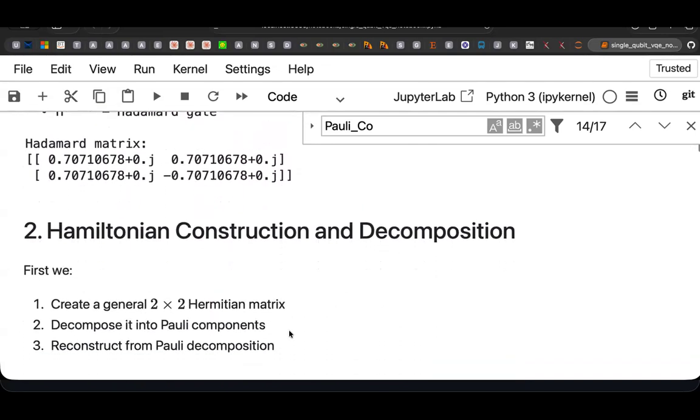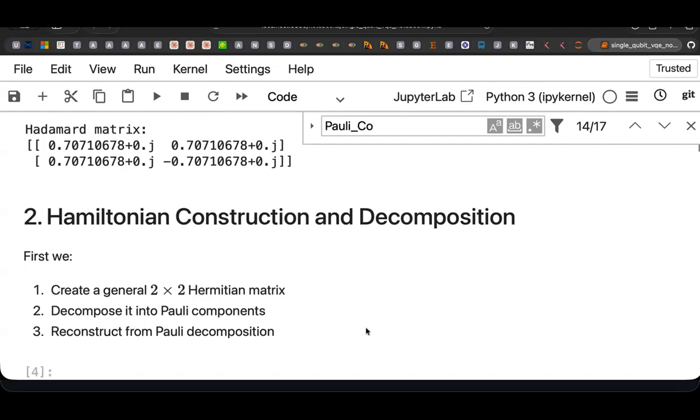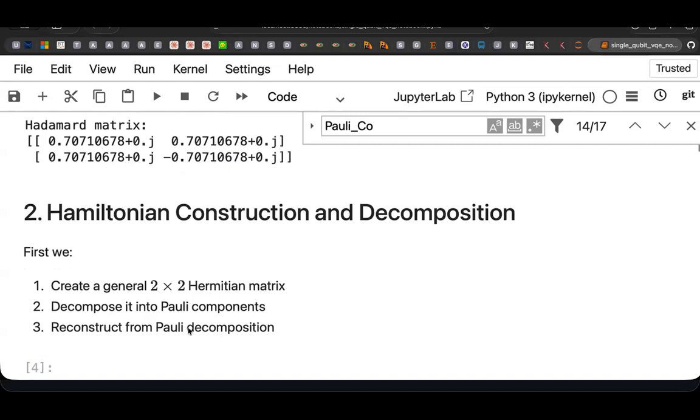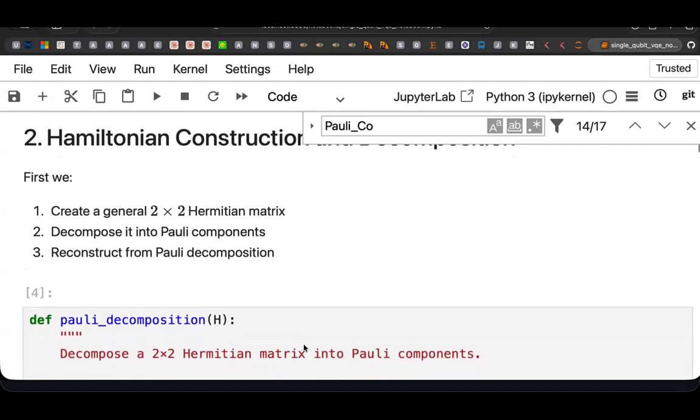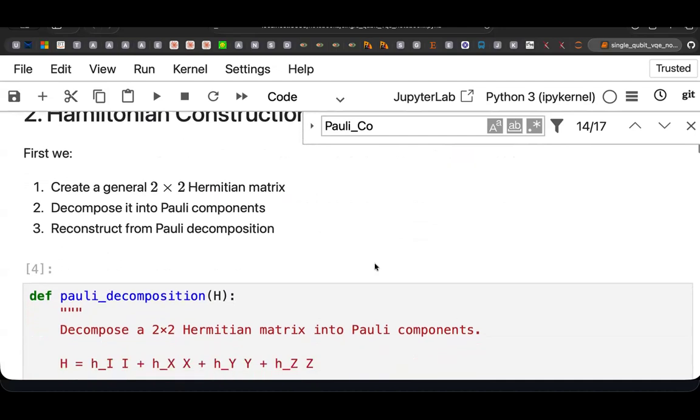Then in the Hamiltonian, when we're setting that one up, we're going to first create a general 2x2 Hermitian matrix, because we're going to diagonalize that one. And we are going to compare the eigenvalues with what we get from the diagonalization here. Then we decompose it into Pauli components, and then we can reconstruct the eigenvalues from the Pauli decomposition.